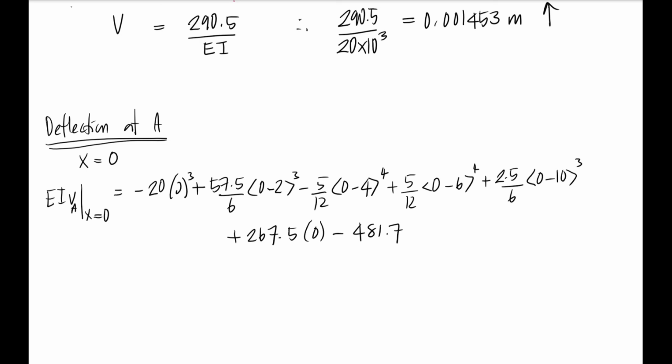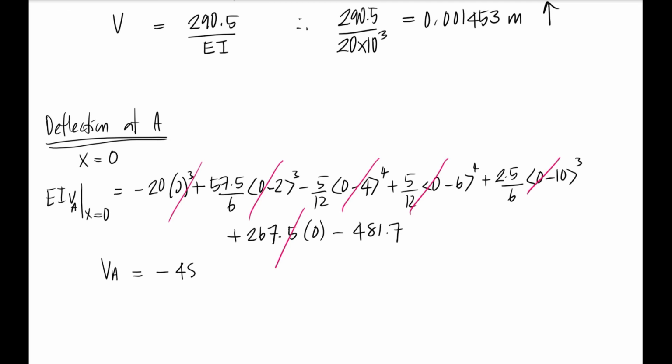So we cancel out everything, it is 0. So we can find that VA is equal to negative 481.7 divided by EI. So it's equal to negative 0.002409 meters. So it's negative, the deflection is going down.